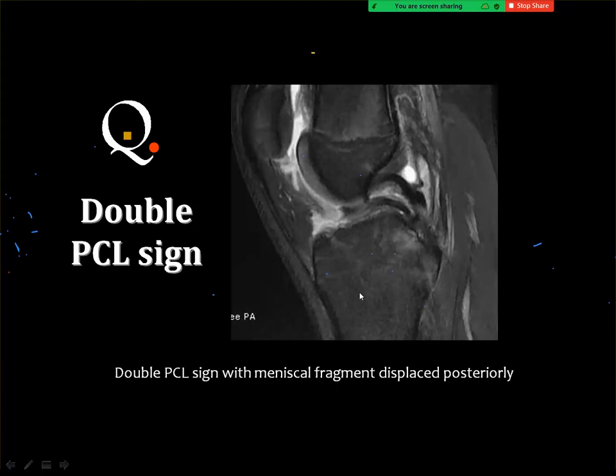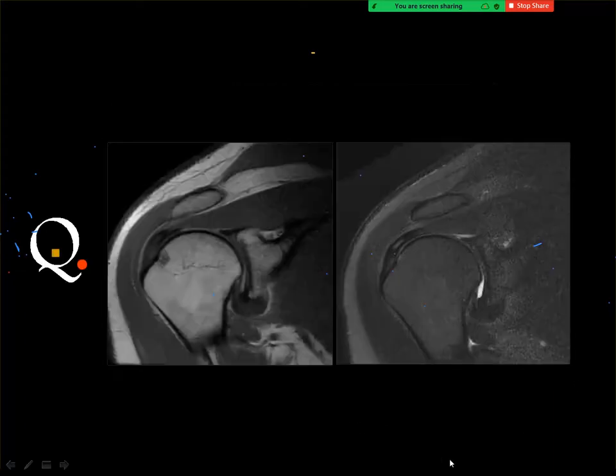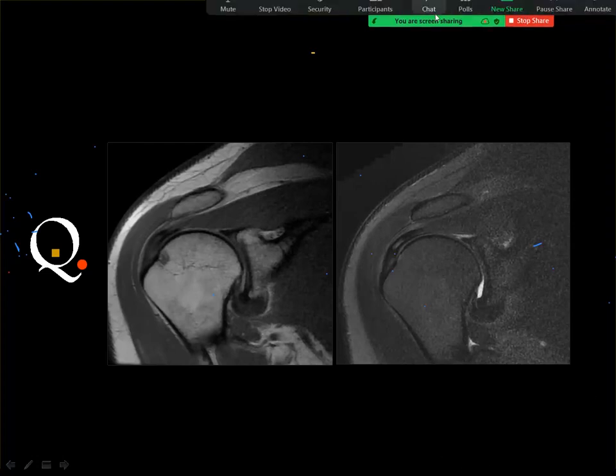And sometimes many of the candidates, whenever they see a case of mucoid degeneration of the ACL, say in the answer, this is celery stalk sign. But this is not the right answer, of course. The answer is mucoid degeneration in that example, and in this case, bucket handle tear. Next case.